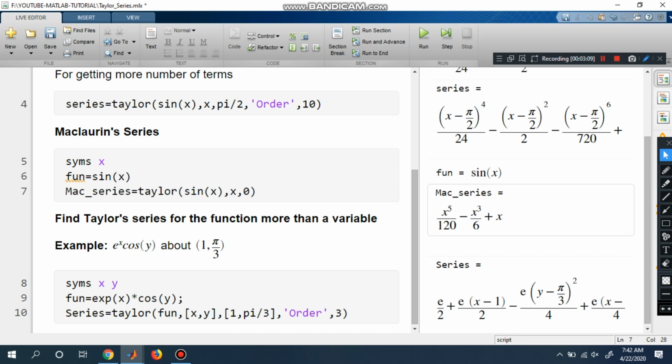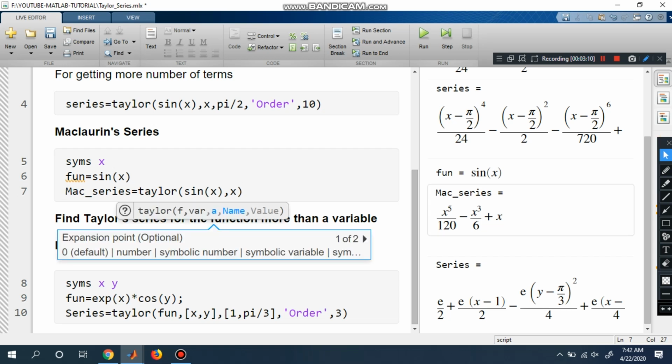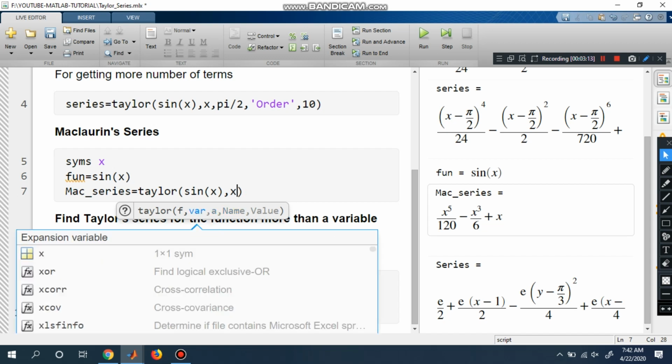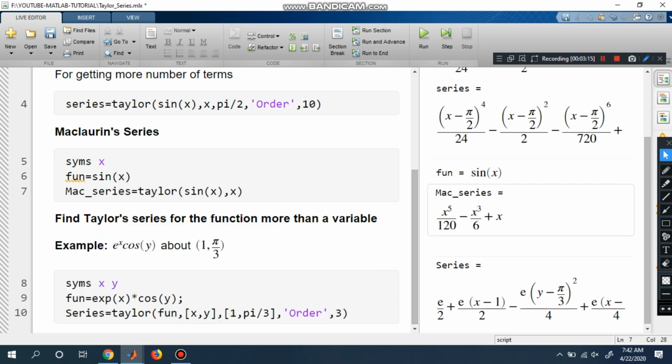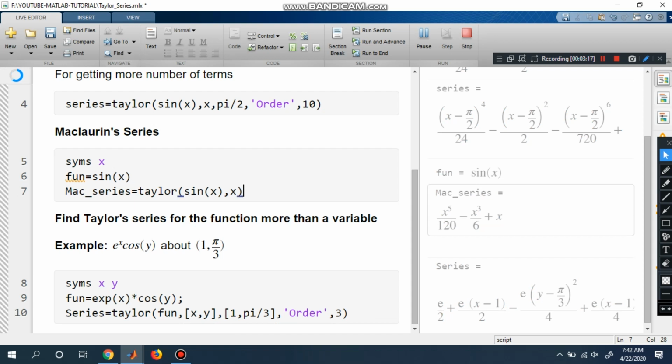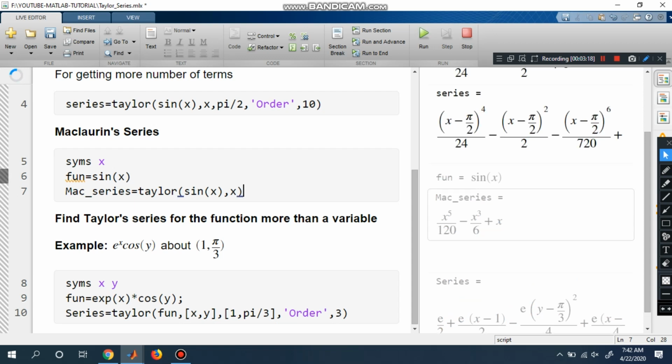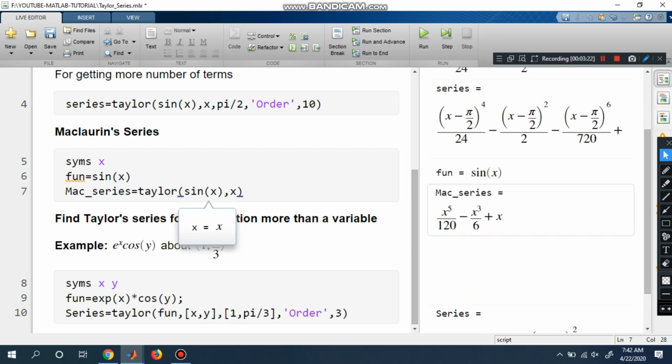Even without giving 0 you can execute, and it also gives the Maclaurin series for the function sin x. So, for the Maclaurin series you can specify the point 0, or if you do not specify it, it will treat the point as 0 by default.